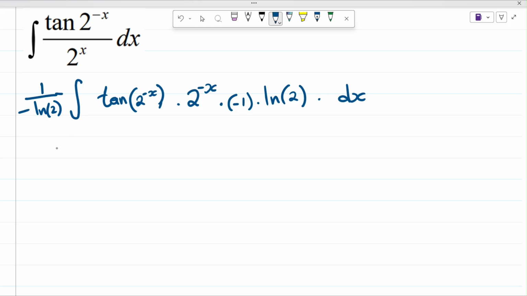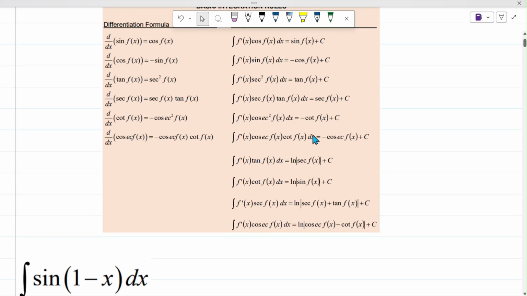So from here, if I have a trig function alongside the derivative of the argument, then I can conclude that the thing that was differentiated for me to get tan was ln of sec, according to the formulas that I attached here.